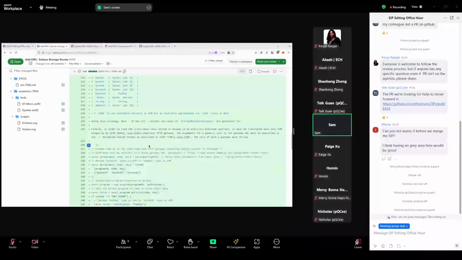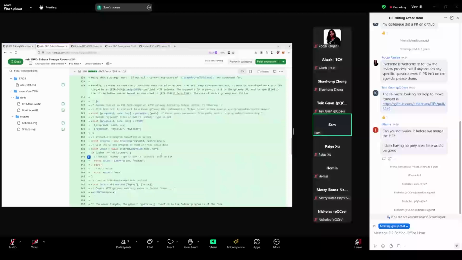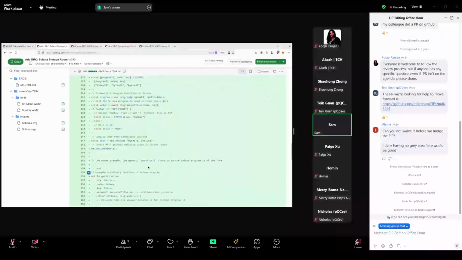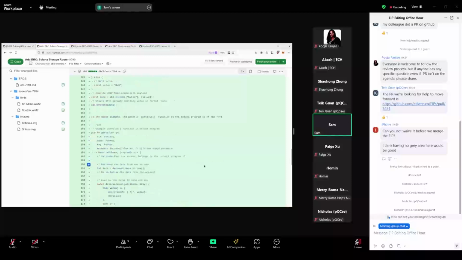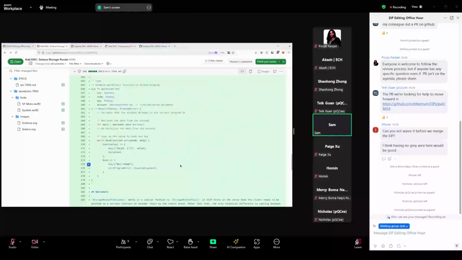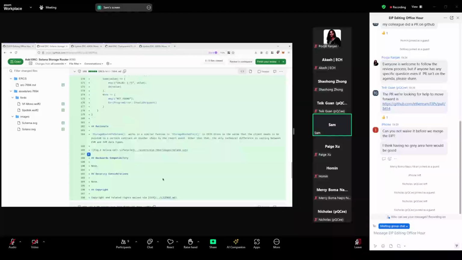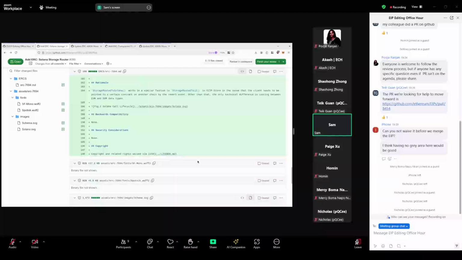Okay, what is this? Just initiate a program interface on Solana. Call the Solana program to read the cross-chain data. Compile, yeah. In the above example, the generic value parameters of the form. Okay. Yeah, so this is fine.